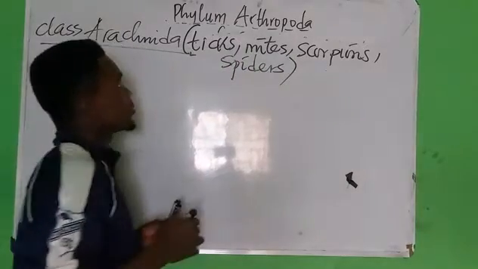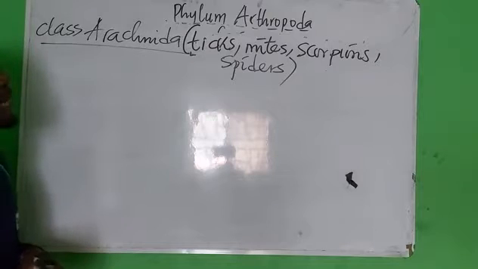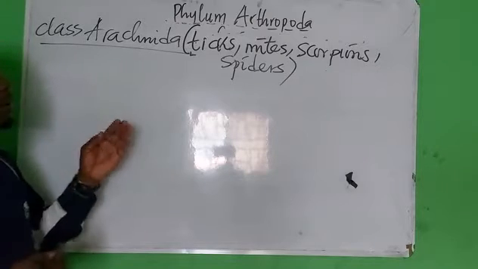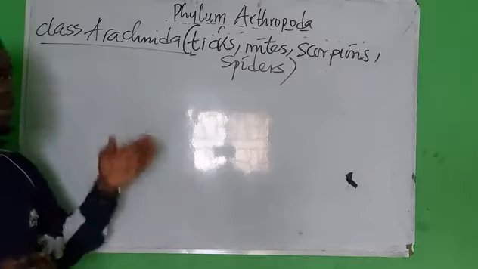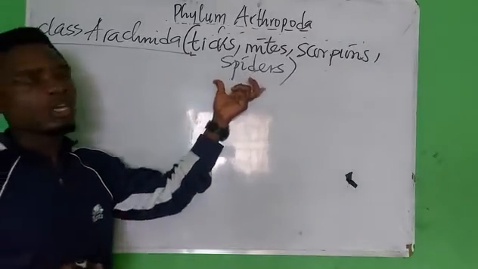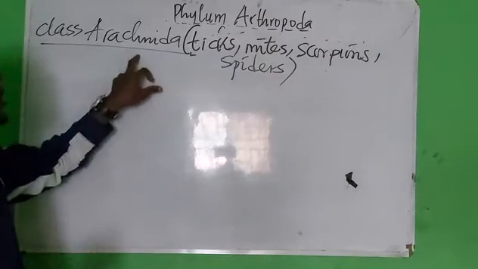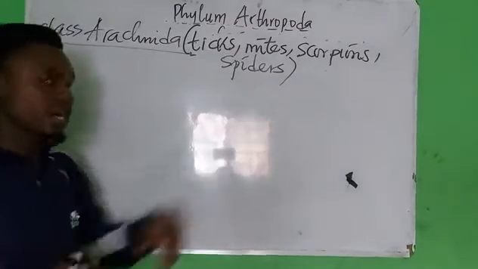These are all examples of arachnids: ticks, mites, scorpions, and spiders. Of all these organisms, the most commonly known one is the spider. So the representative member of class Arachnida is the spider.